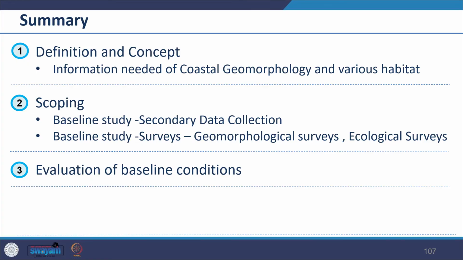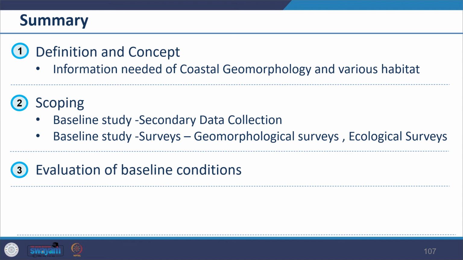So that's all for this session. Summarizing what we covered, we looked into the definitions and concepts, and the range of definitions. Then we covered what kind of information is needed for coastal geomorphology, the various kinds of habitat, what you undertake in scoping, and the considerations when dealing with the coastal area.